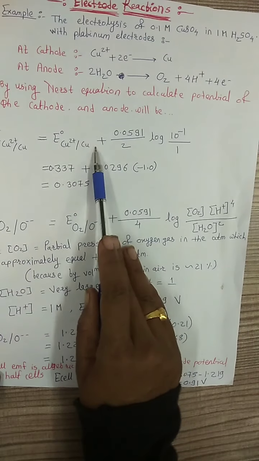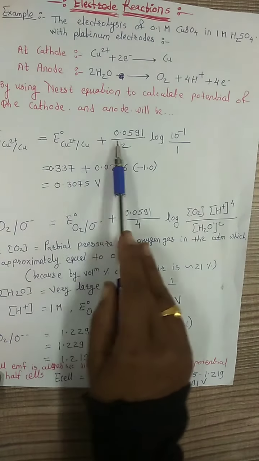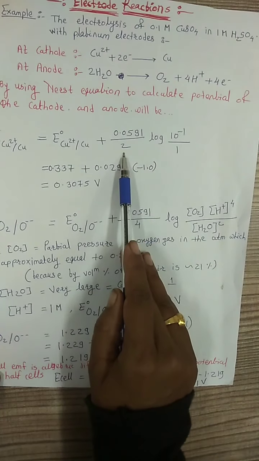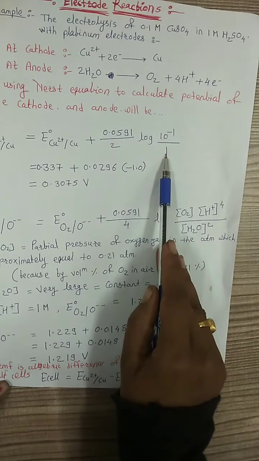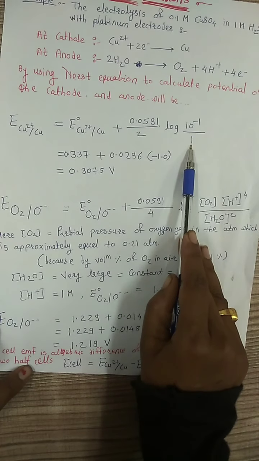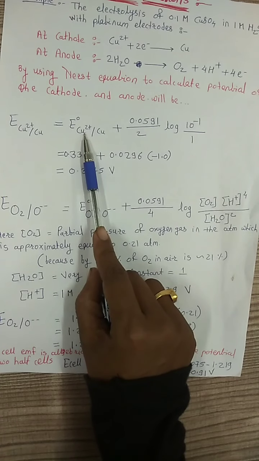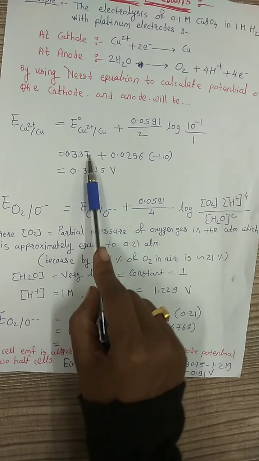We have the equation E cell is equal to standard electrode potential plus 0.0591 divided by 2 into the log of 10 raised to -1 divided by 1. So here the standard electrode potential of copper is given, and it is about 0.337.